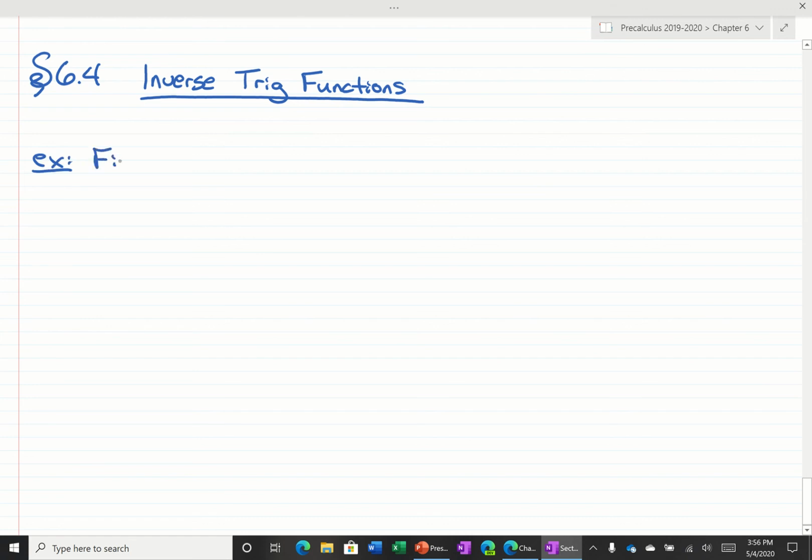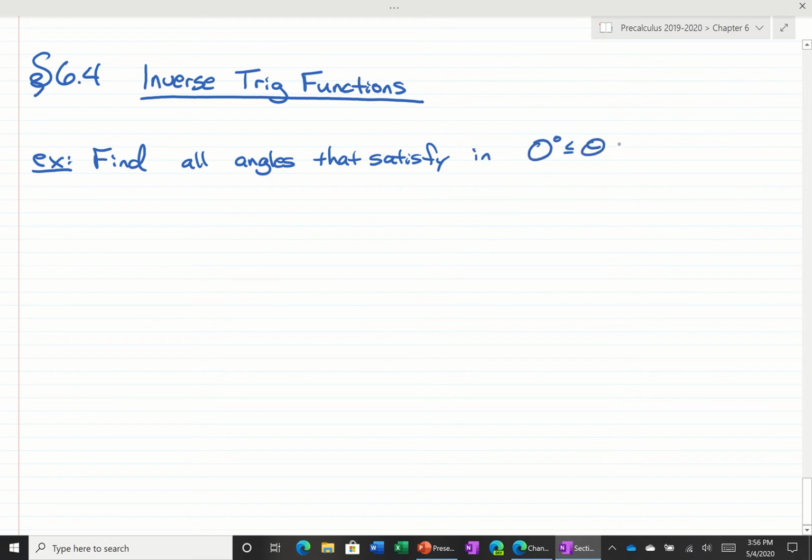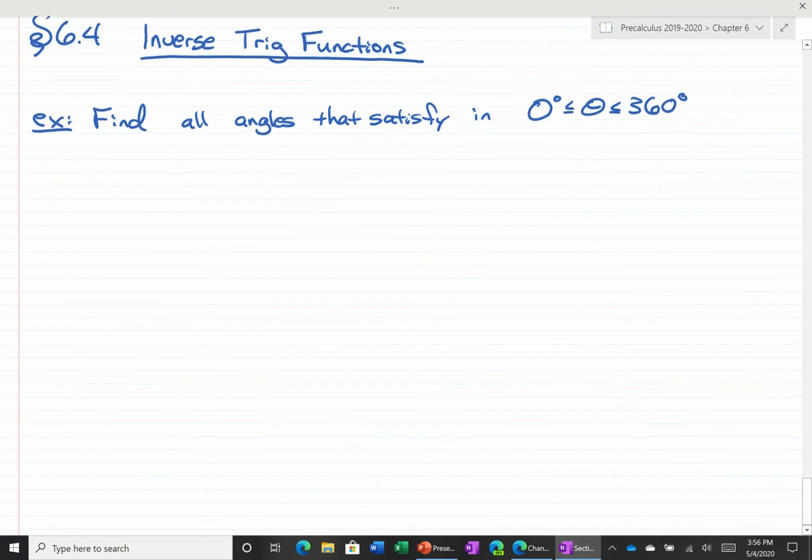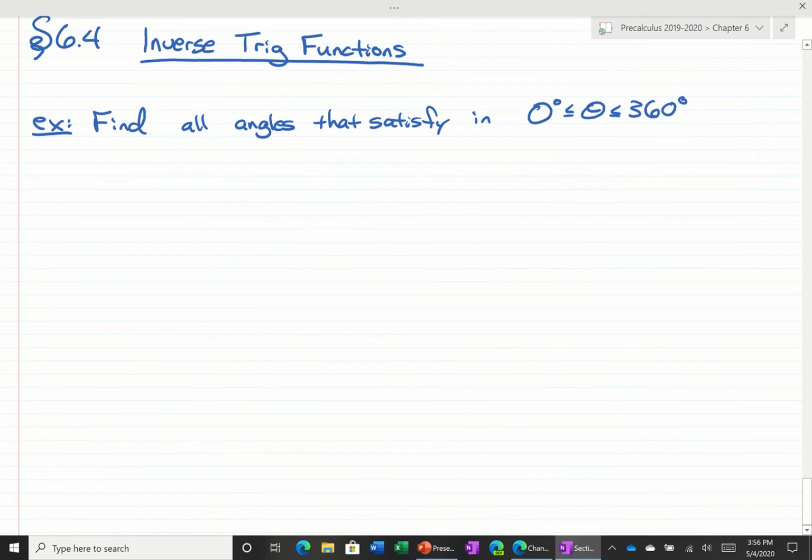So I'm going to ask you to find all angles that satisfy, between 0 degrees and 360, theta. So what if I asked you what angle gives us a sine of root 3 over 2?